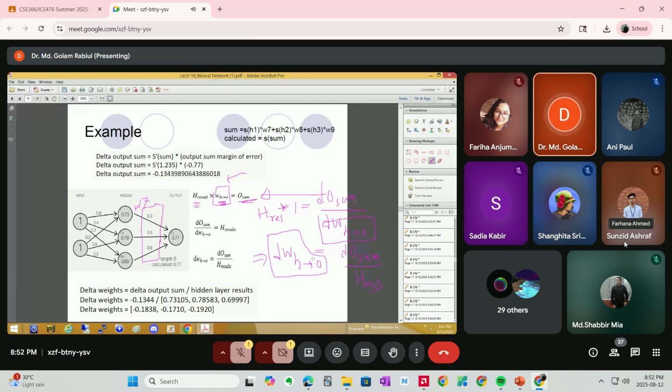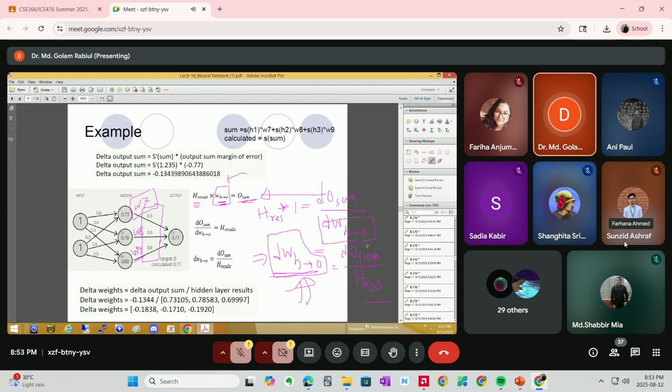We need to find out the rate of change of W. That means how much change we have to perform in W8, and how much change we need to perform in W9. So that is our delta weight, the change, delta W. We will change the weight by delta W. And how can we determine that? It will be delta O sum divided by hidden layer results.